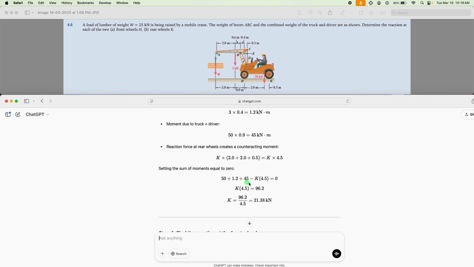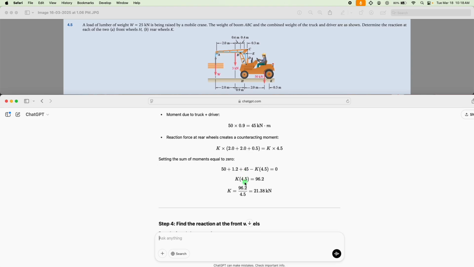So it's got the sign wrong on that torque. And it thinks the only torque that's going the other way is the torque from the force at K. But the torque from the force at K is actually going counterclockwise as well. The force from the ground upwards wants to rotate this thing in a counterclockwise direction. So this torque should have the same sign as these two forces, and the 45 should be negative.